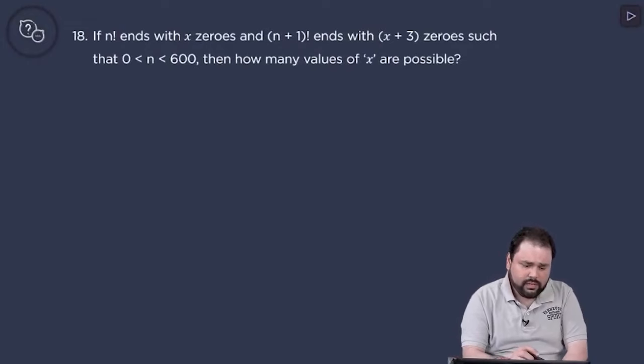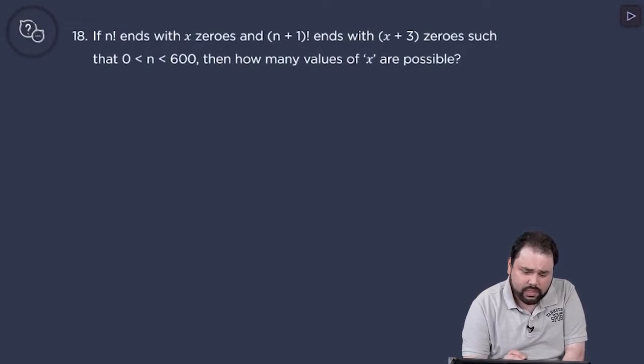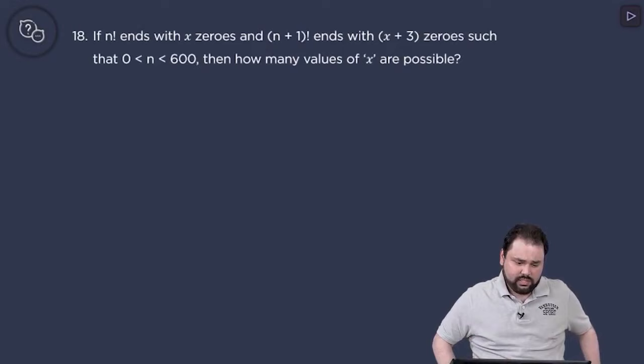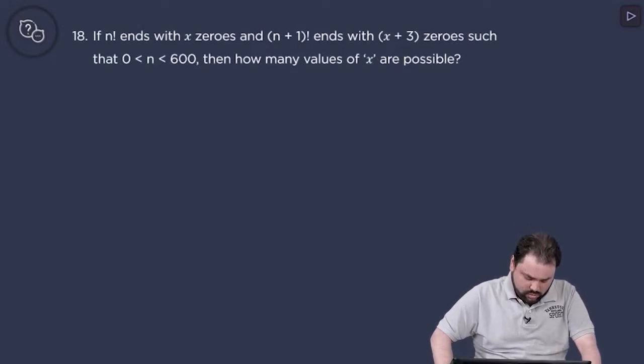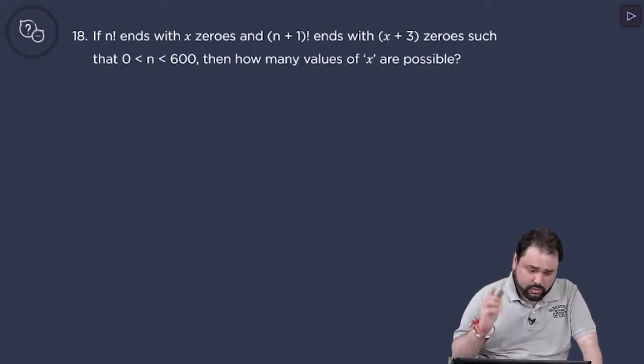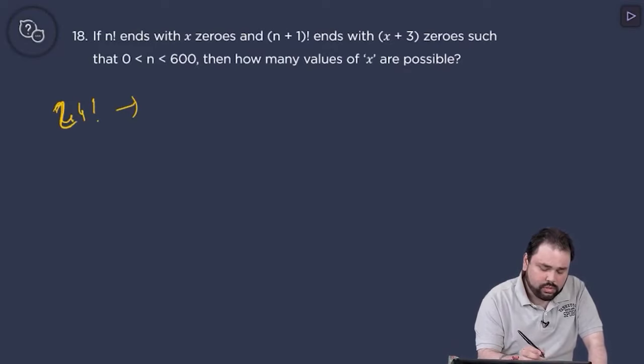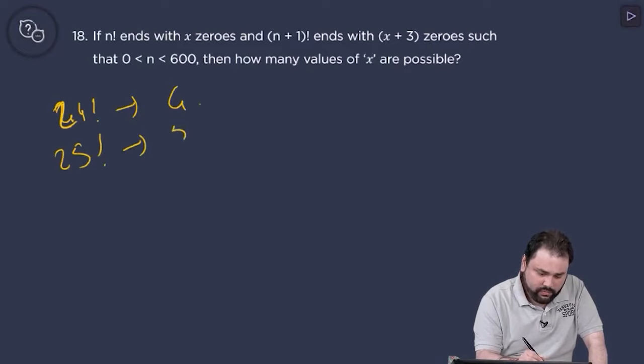N factorial ends with x zeros, n plus 1 factorial ends with x plus 3 zeros. Okay, this is easy. So 24 factorial has how many zeros? By 5, so that is 4. And 25 factorial, 5 plus 25, which is 6, so difference is 2.